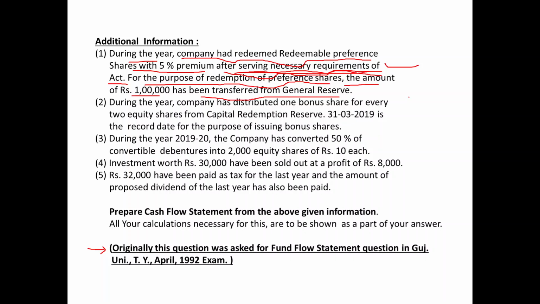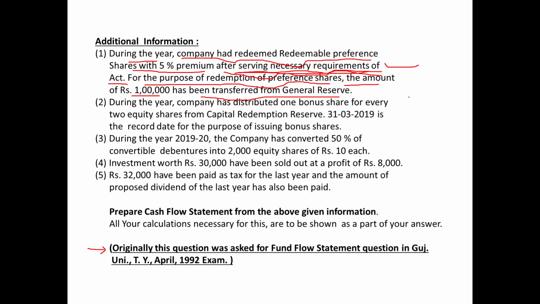And sometimes both the options can be utilized or applied simultaneously. So either from share premium account balance if it is available, or from distributable profits of the company. And both the options can also be applied, depends on the situation.